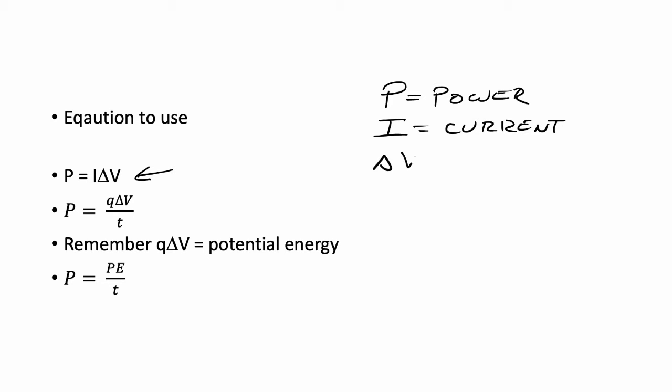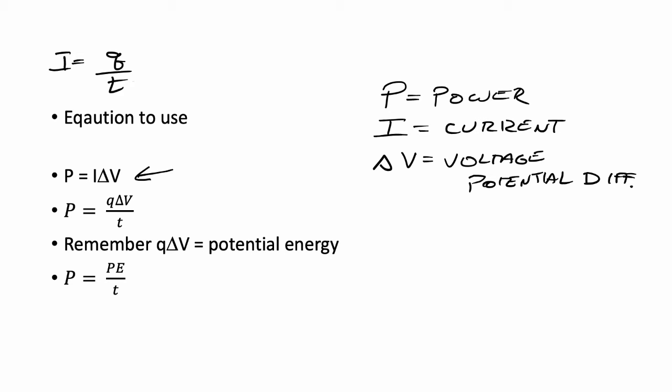And delta V is what we call voltage or potential difference, excuse me. I'm just going to abbreviate that. Now for the second one, we're changing I and substituting for Q and T, because I is equal to charge over time.